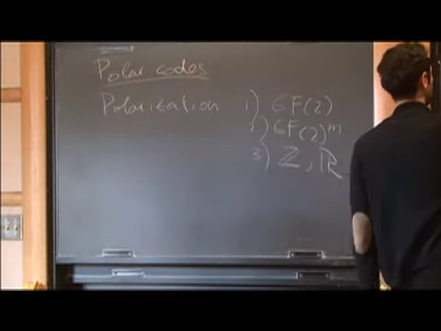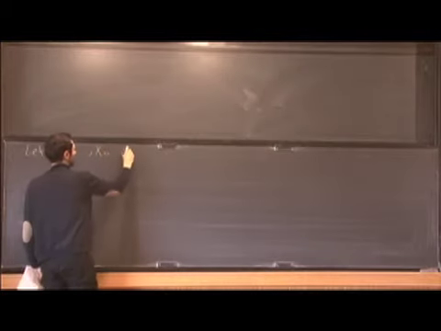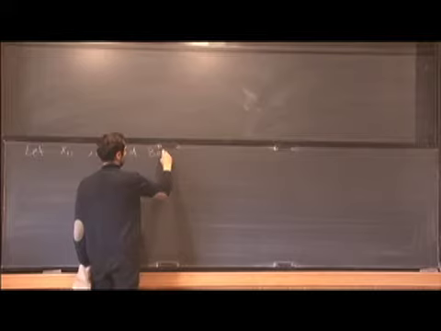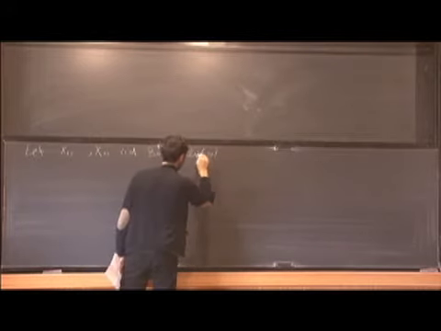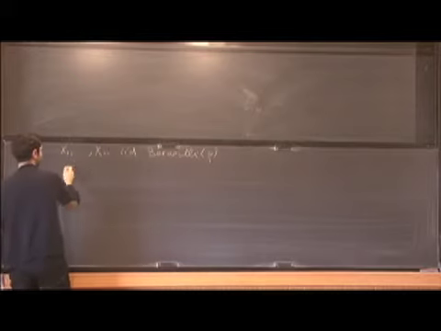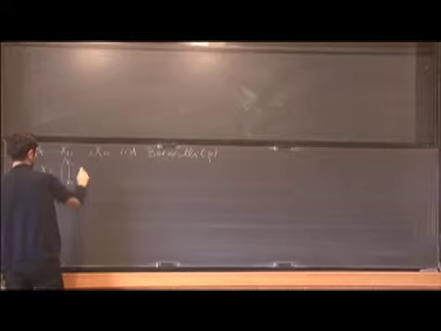Okay, so start with n random variables, which are IID, Bernoulli P, and build the vector x, which is the column vector with those n random variables.